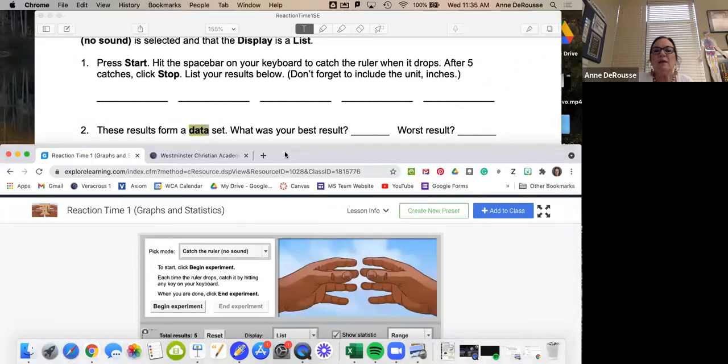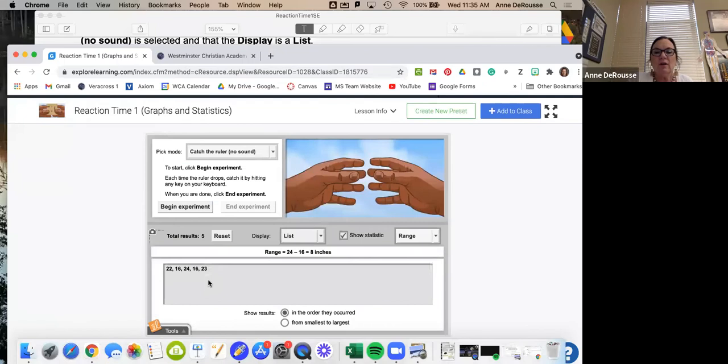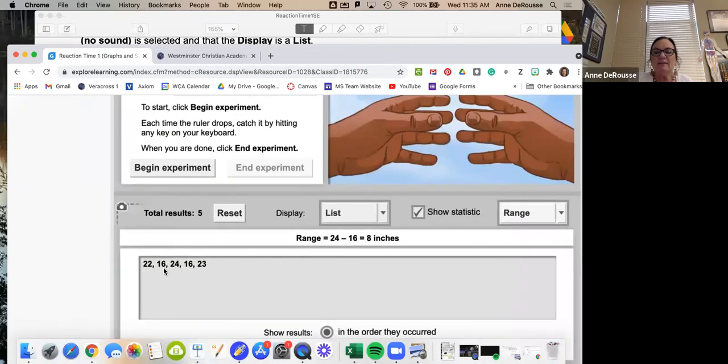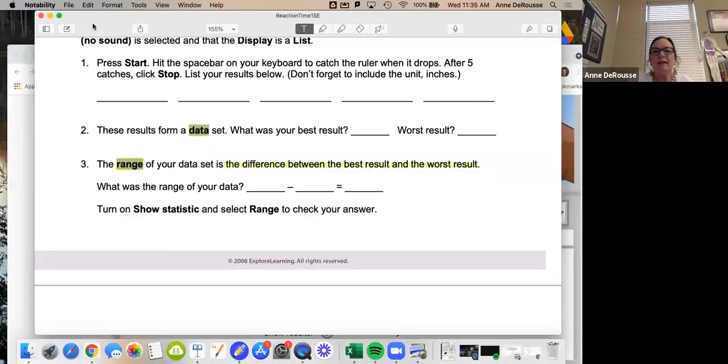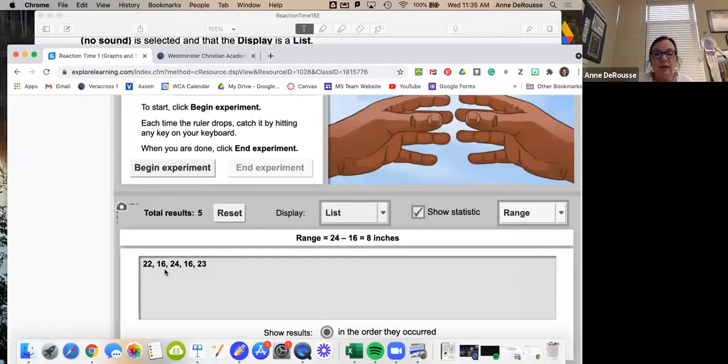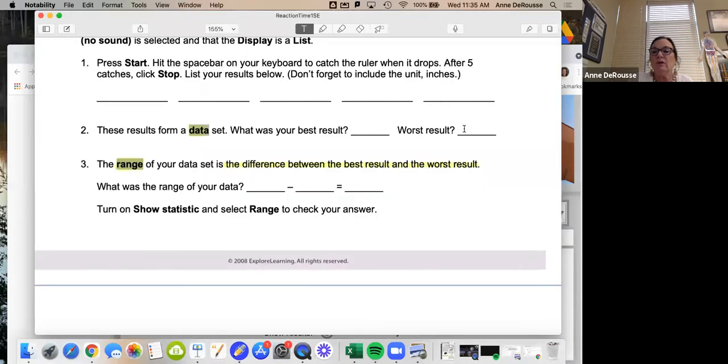So these numbers are your data set. We've talked about data in science all year long. So then it says write down your best result. My best result would be 16. My worst is 24. So I would write that there.